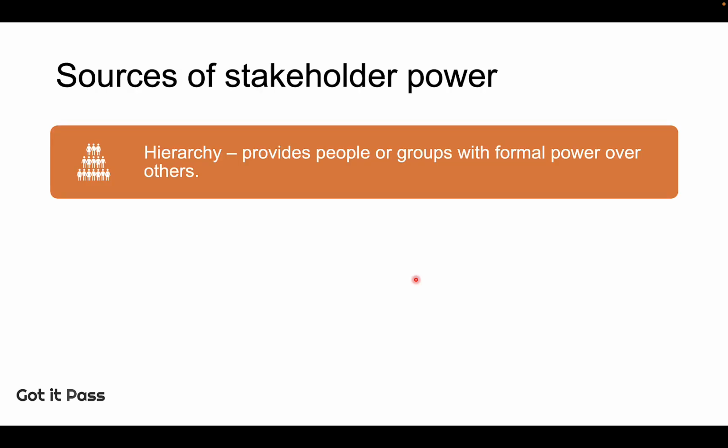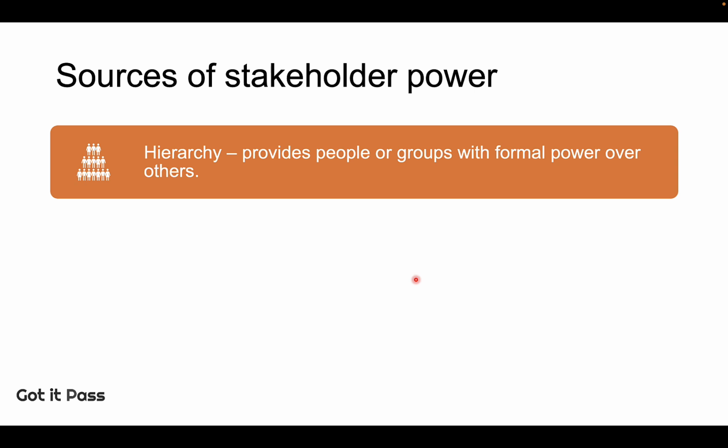Next, we talk about the sources of stakeholder power, and then we would like to highlight the elements influencing the stakeholder power. We have three sources. First is hierarchy.